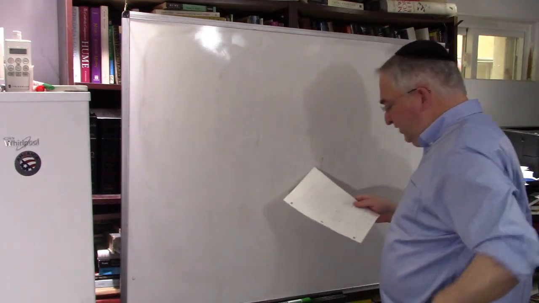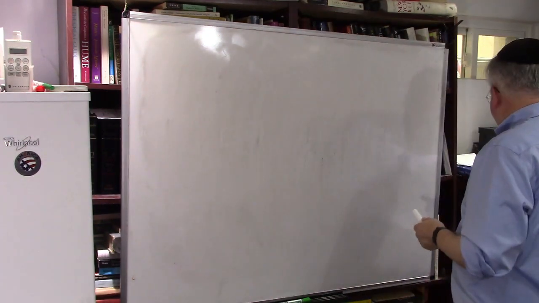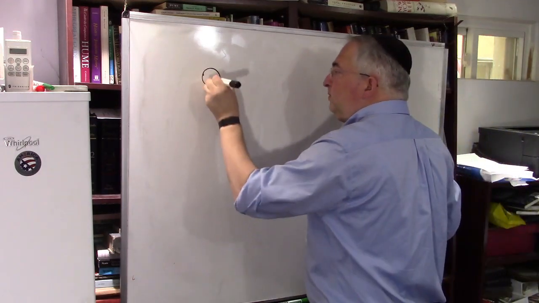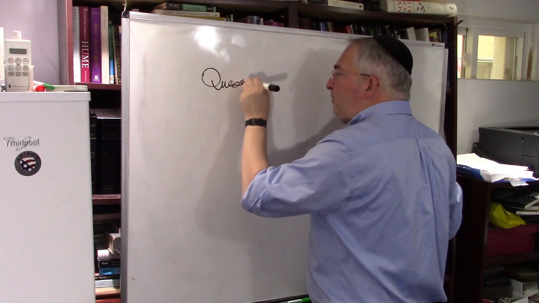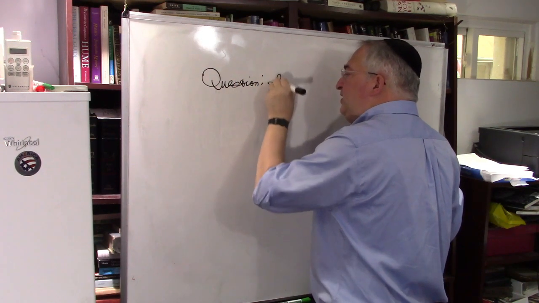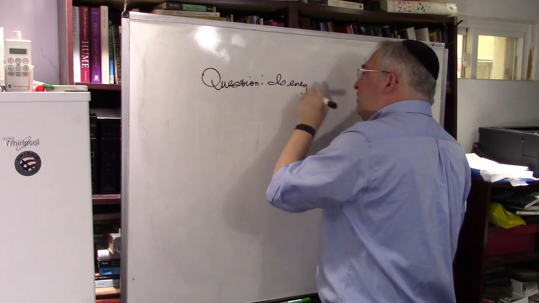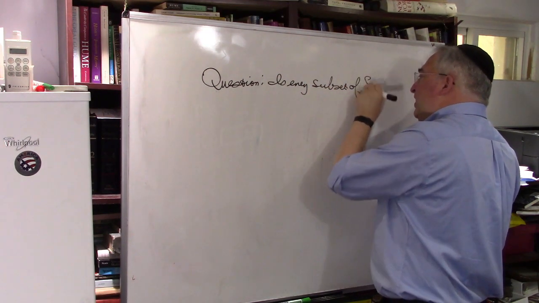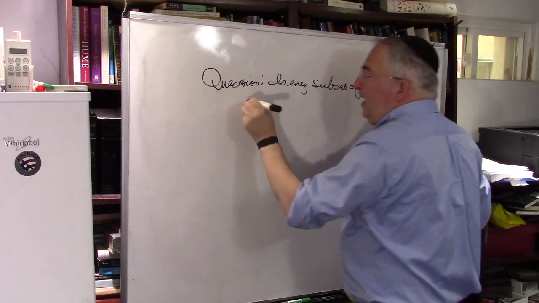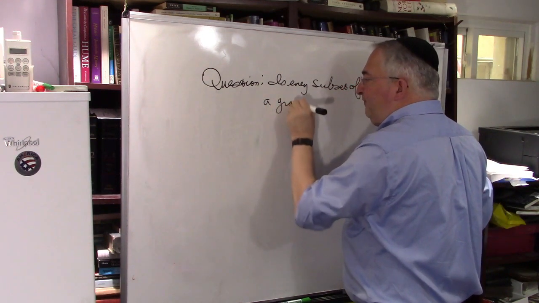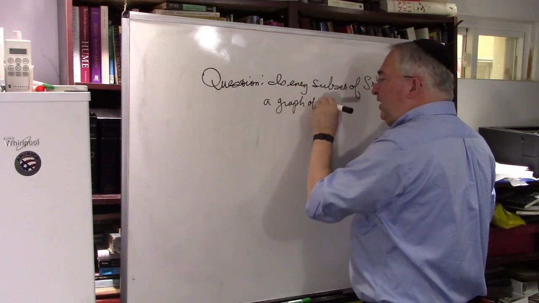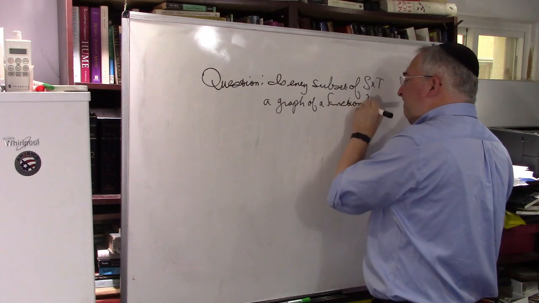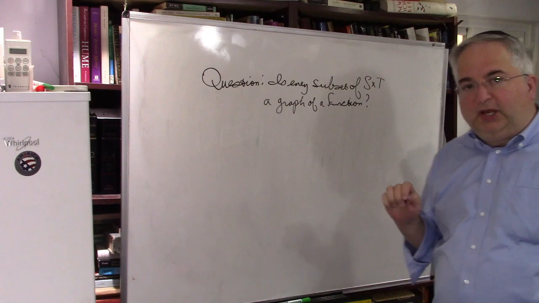Okay, so let's ask a question. Is every subset of S cross T a graph of a function? Let's explain it again.